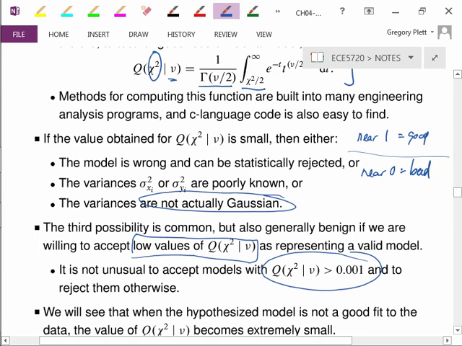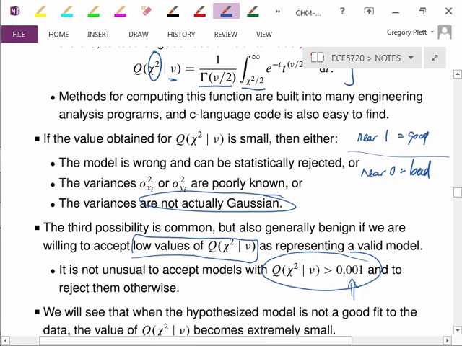If you have a bad model, the Q value obtained from this complementary incomplete gamma function goes to almost exactly 0. So if it's bad, it's really bad, is what the answer is going to turn out to say. So that's not unusual. So maybe you would be concerned with that level of acceptance, but do some experiments.